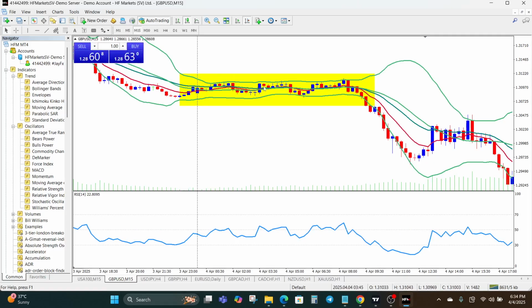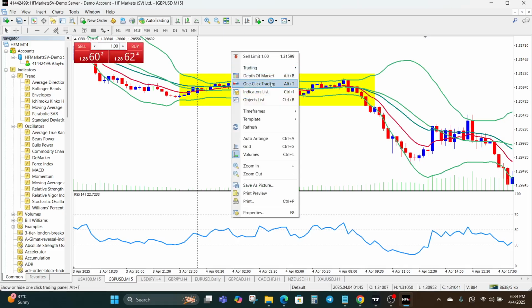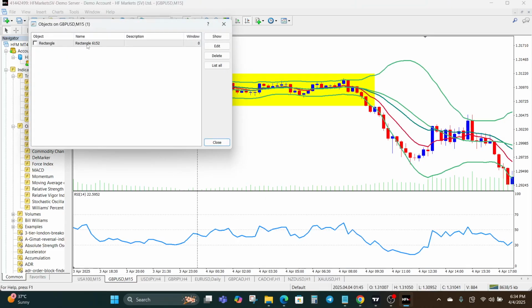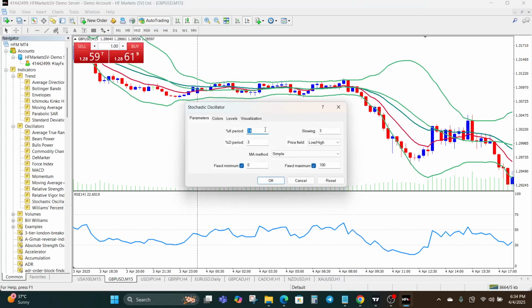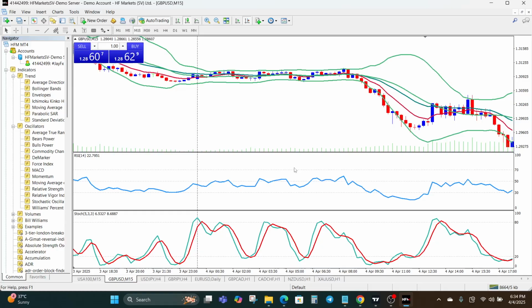Now, the next indicator we're going to be looking at is the stochastic oscillator. For more precision, you add the stochastic oscillator to your chart. You use the settings 5, 3, 3 to make it more sensitive to price changes.